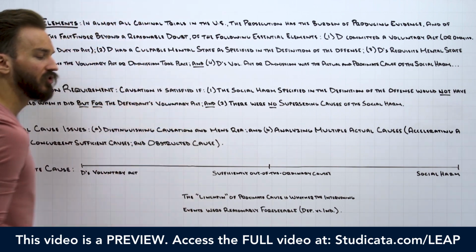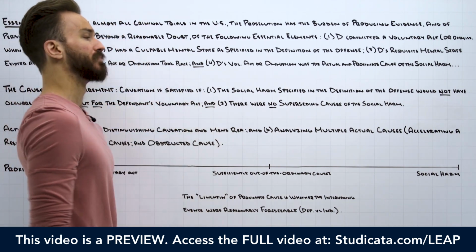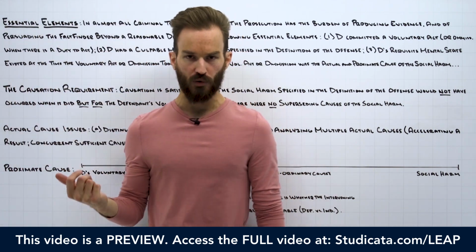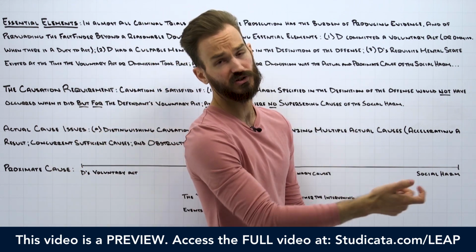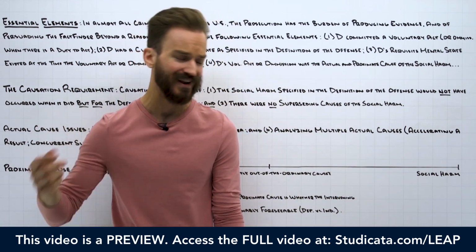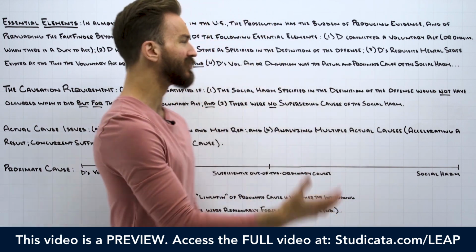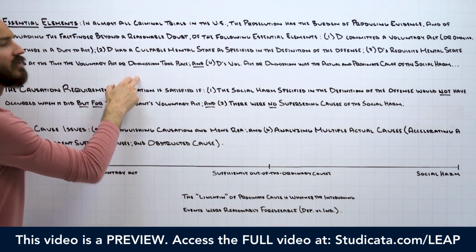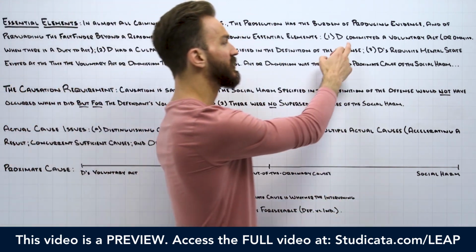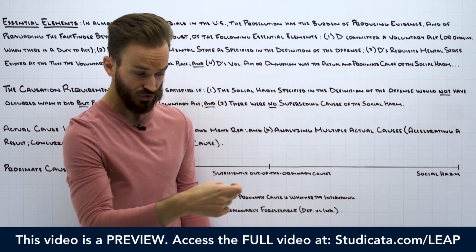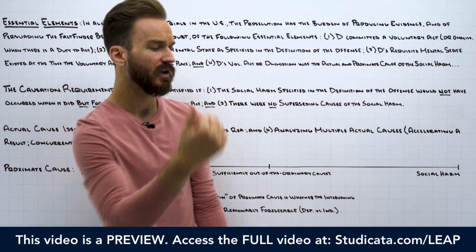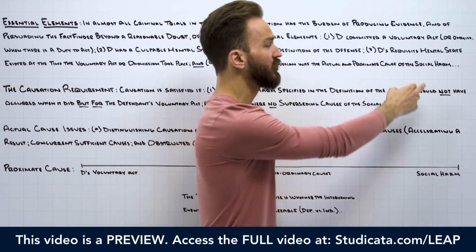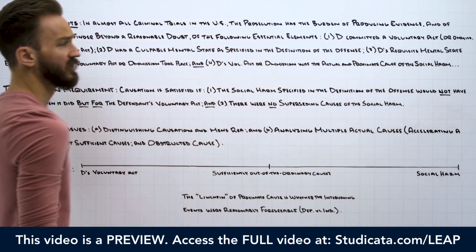Imagine going back to our wife killing her husband example. Husband comes home from work, wife pulls out the gun, shoots him as soon as he comes in, hits him in the head, and he dies immediately. There's no causation issue there. It's very easy to trace the defendant's voluntary act, the trigger pull of the gun, to the death of the victim, to the social harm defined in the definition of the offense.